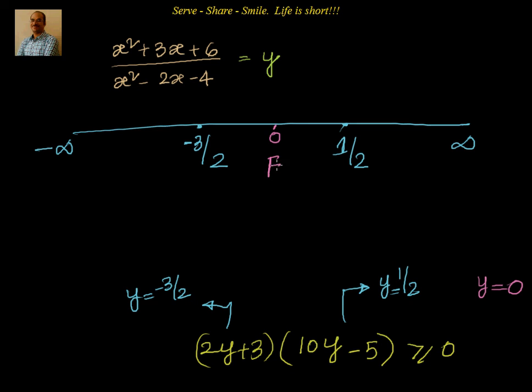So this section is false. Obviously then this is true and this is true. So the range of this particular function will be minus infinity to minus 3 by 2, union 1 by 2 to infinity.